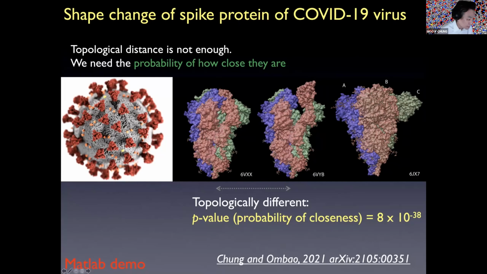What does it even mean? Does it have any meaning? Unless you have some sort of reference distance. So if you have a reference distance, you can establish some sort of probability statement, how close they are in terms of the percentage or probability measure. So that's what I want to do. And we basically want to compute the p-value.